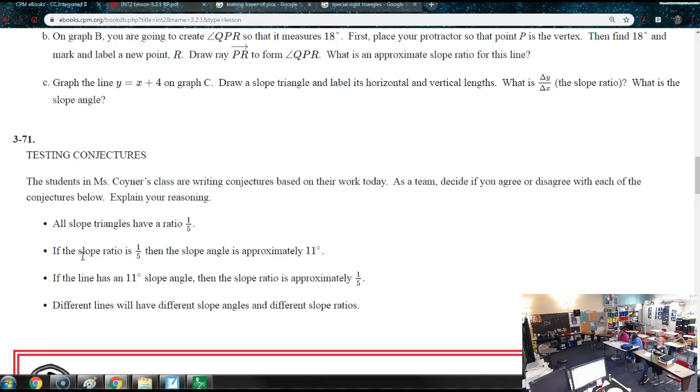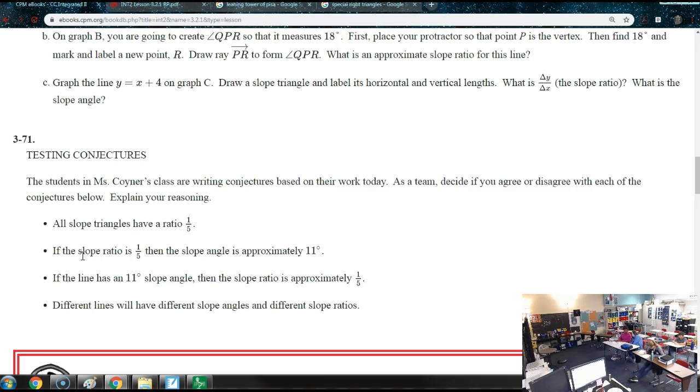All slope triangles. No. No, because they can have different ratios. So do we write down both? Yeah, where are we writing this down? Whatever. If the slope ratio is 1 to These are notes, and the so you slope don't write- angle is approximately didn't go on my notes because my notes. Oh yeah, that makes sense. My notes are. I didn't like going through them. I haven't done anything. Why you sleeping my notebook? A complete waste of graphic.